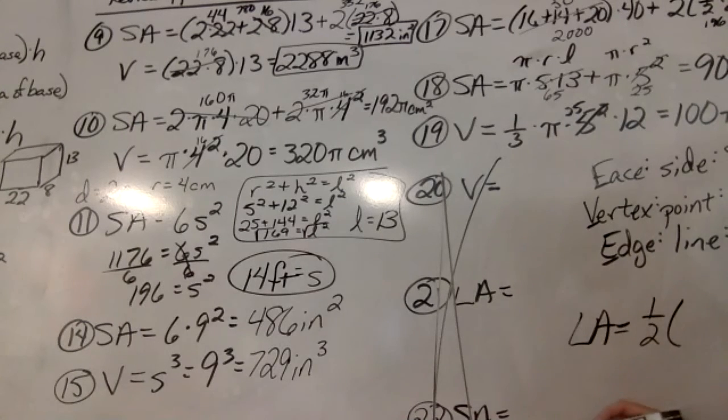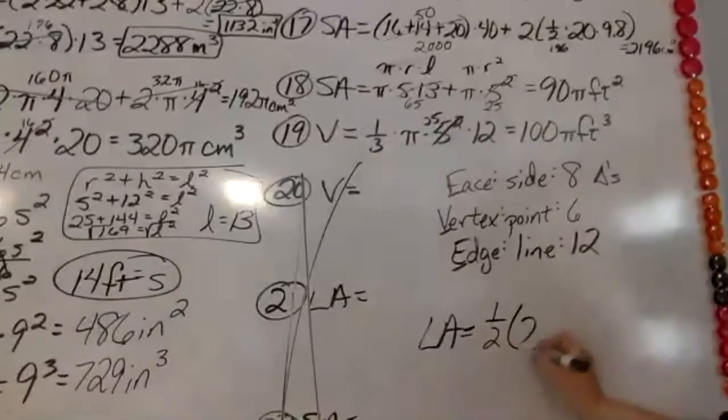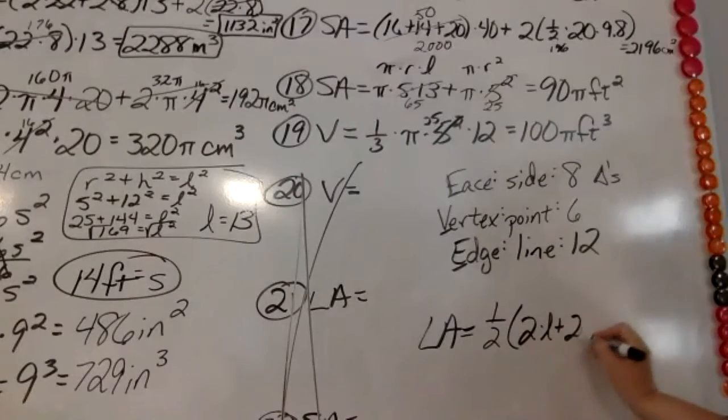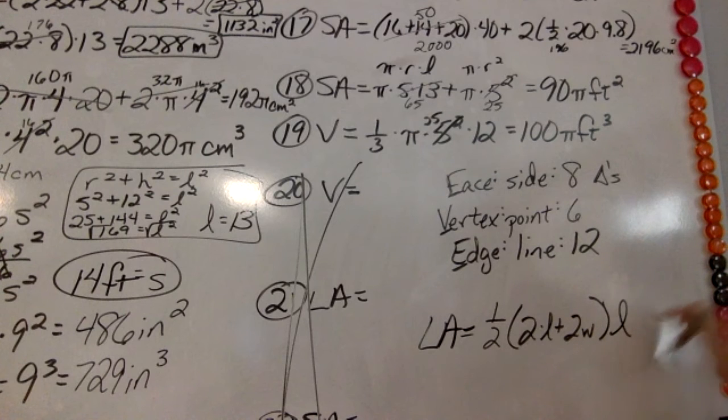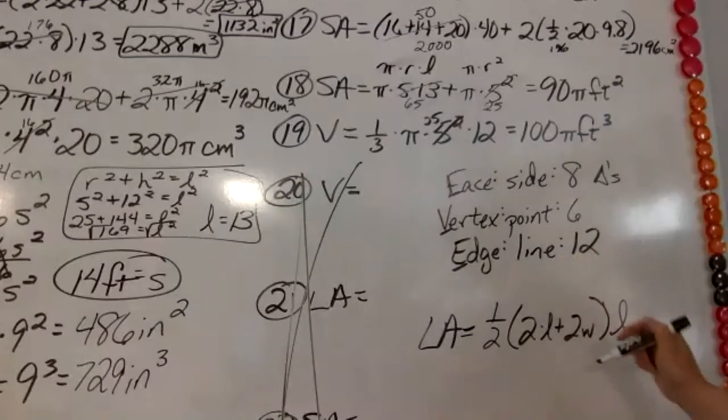So if it's a rectangle, it's 2 times the length plus 2 times the width. And then that's multiplied by the height of the pyramid. No, not the height. The slant height. Slant height, remember, is the one that leans, the one that's going up the side.